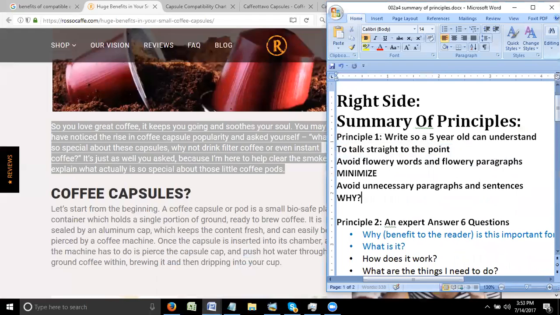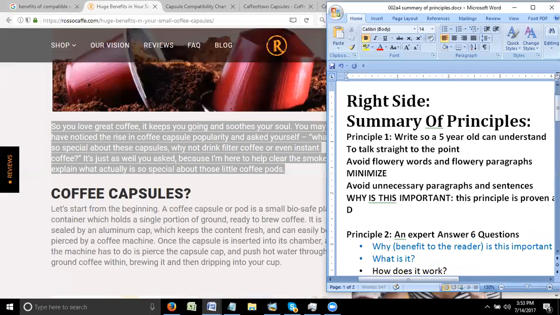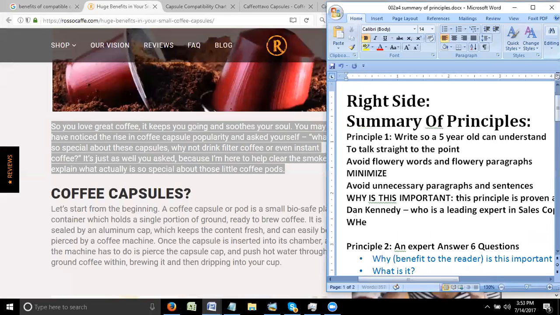And why do we do it this way? Why is this important? Because this principle is proven and tested. It's proven and tested by Dan Kennedy. This principle comes from Dan Kennedy, who is a leading expert in the world. When he writes sales copy, people pay him somewhere from $20,000 to $40,000.